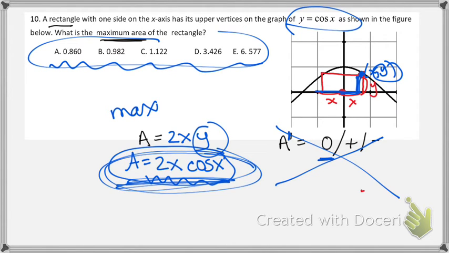I don't know what this graph looks like, but whatever it looks like, look for its overall highest number, okay? Now, when you find that highest number, you're going to have an x and a y of whatever that highest value is, and your calculator will give it to you. Now reread the question. What is the maximum area?